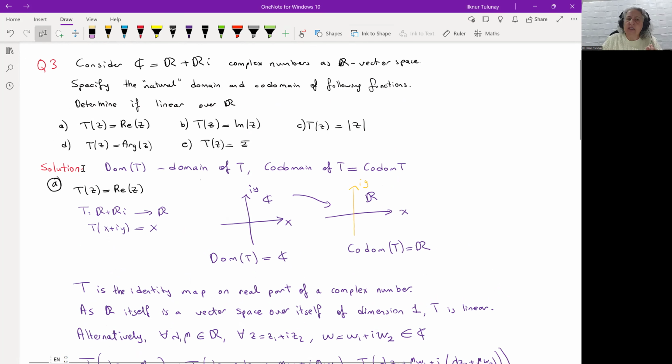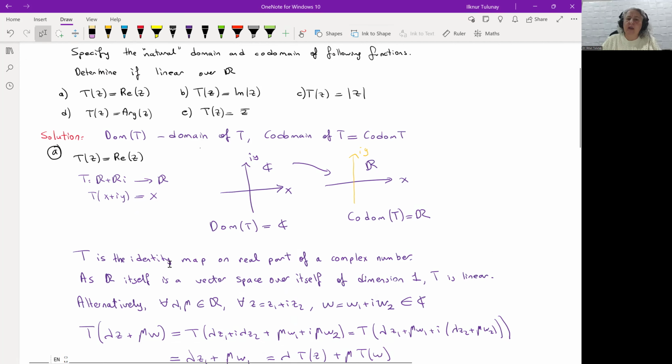But when we define it this way, the output is restricted to the real numbers. So the codomain will be only the real numbers.